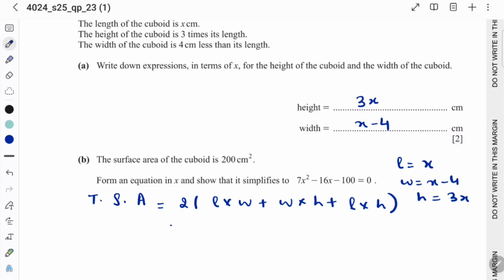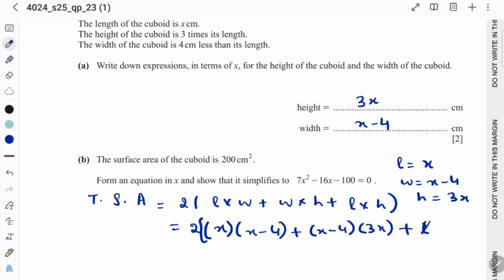Okay, 2 times x into x minus 4 plus x minus 4 into 3x plus x into 3x.